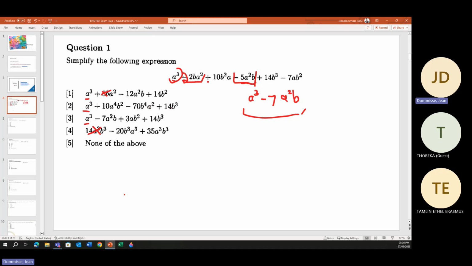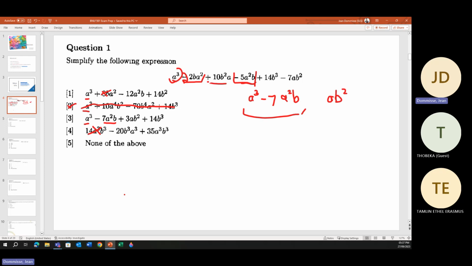For a squared b, there's not one in there, so that I can nearly cancel out. Here we sit with a squared b, so at the moment it looks like option 3 will be the one that we will select in the end. But now let's do the next one and look at everything that has a and b to the power of 2.